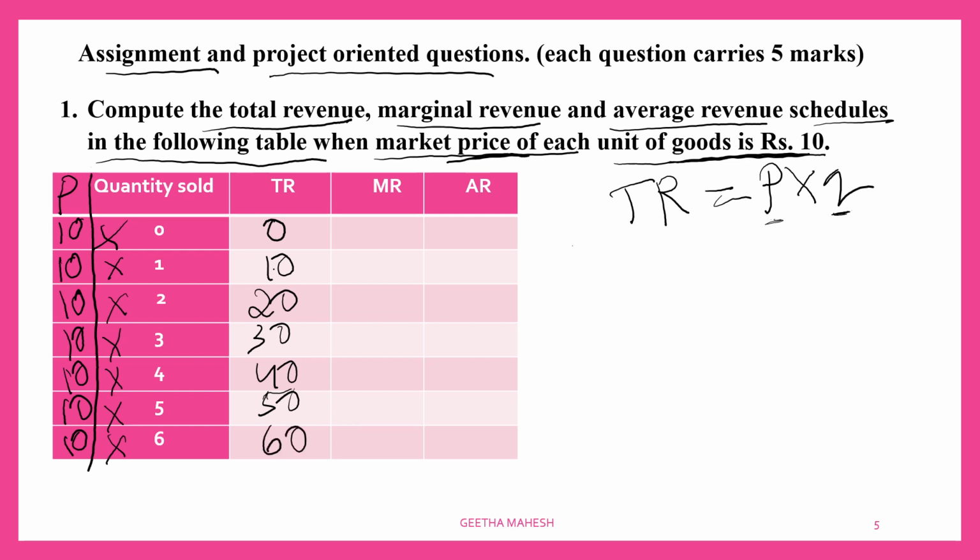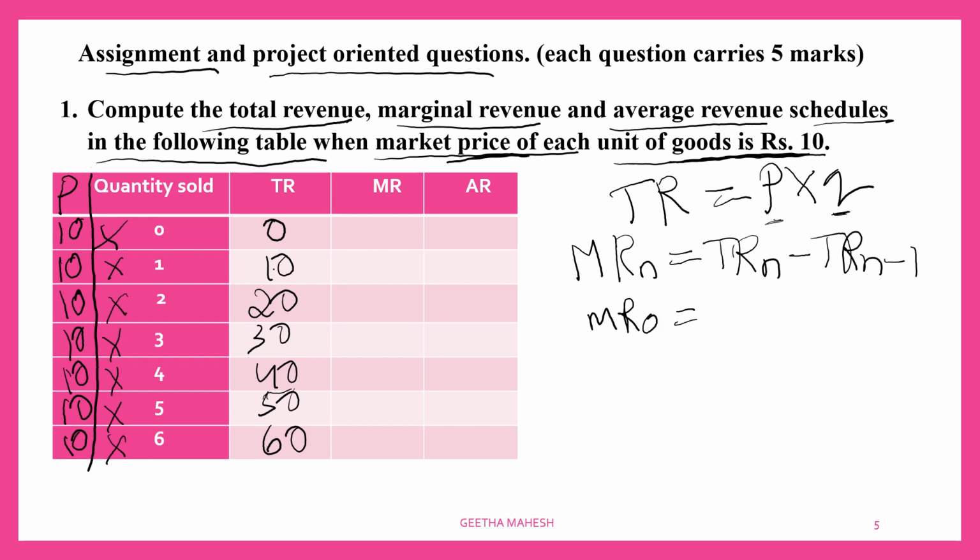Then how will you find out a marginal revenue? Marginal revenue N equals total revenue N minus total revenue N minus 1. So here, what is total revenue N? Let me consider now we need to find out a marginal revenue for 0.